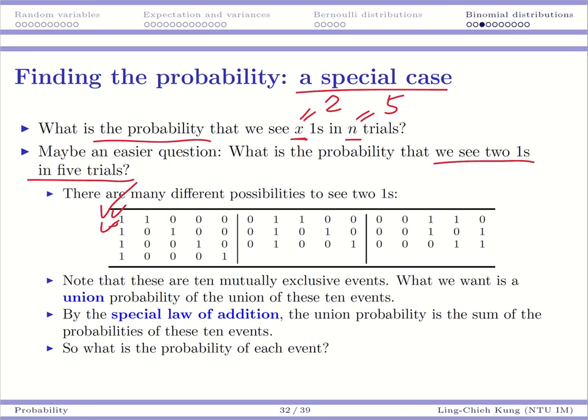So you have 10 different ways of seeing 2 ones in total. Okay, like this. 0, 1, 1, 0, 0, that's possible. 0, 0, 0, 1, 1, that's possible. So after you count all the possibilities, or technically all the possible combinations, then that's the number of possible ways to see two ones. Okay?